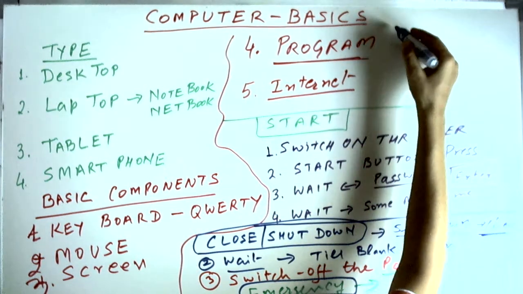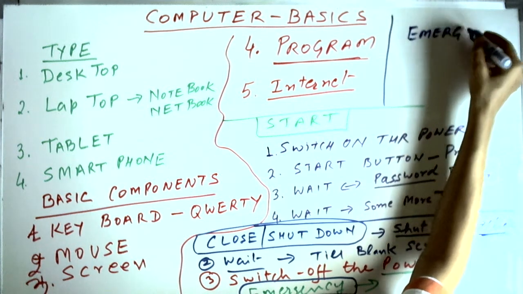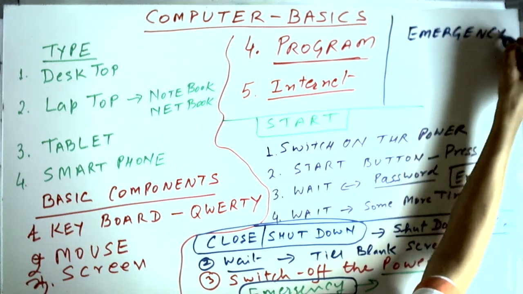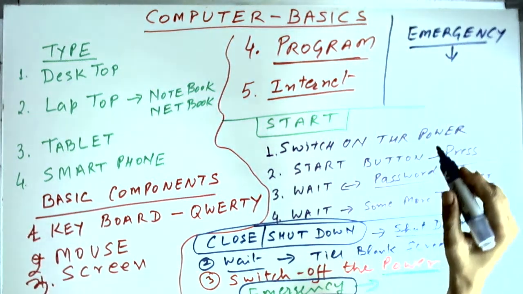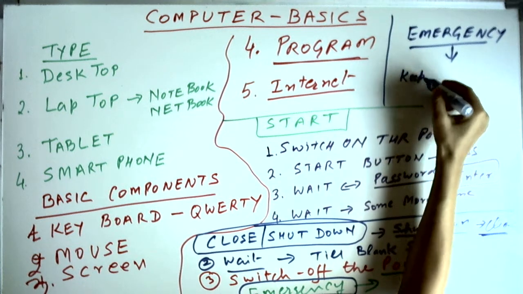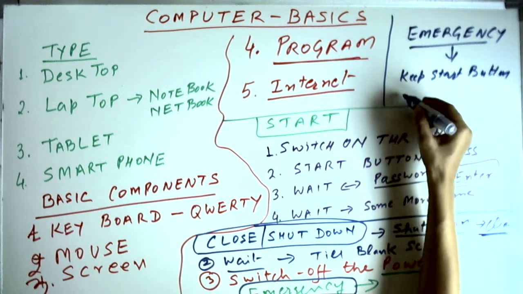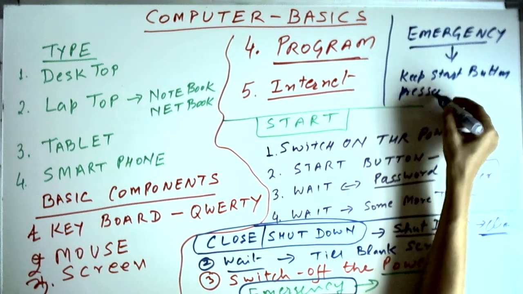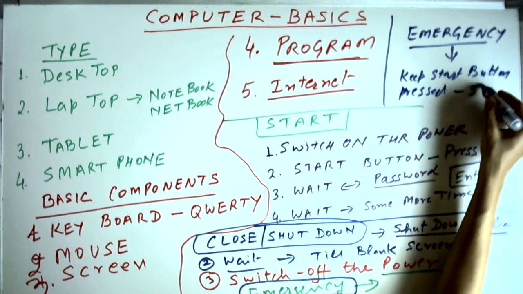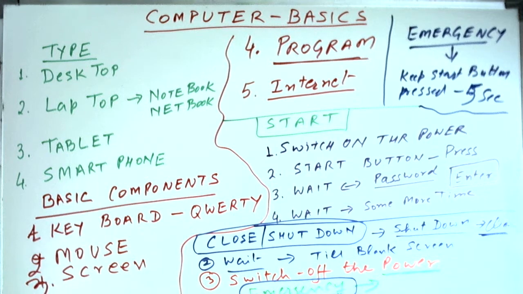Emergency shutdown is, so let me write here. So in case of emergency, you go back, locate the start button again, and then keep the start button pressed, and this could be up to about 5 seconds or so, till you will suddenly see that the screen has gone blank.